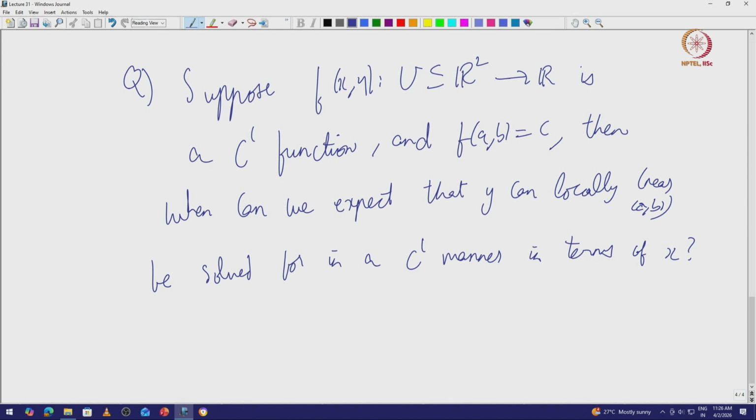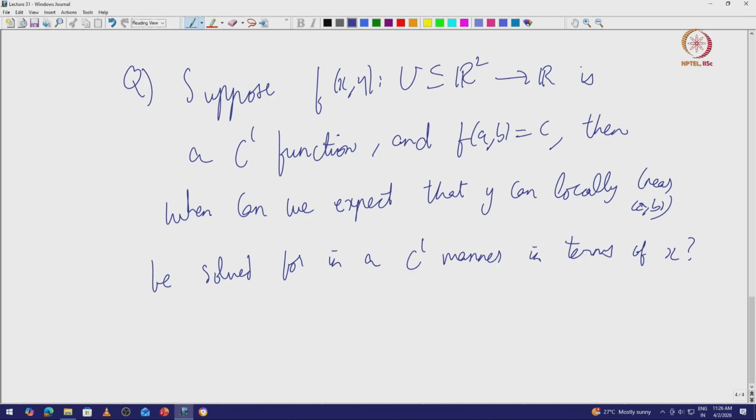So the point is, you want to look at the level set f of x comma y equals c, and you want to solve for y in terms of x, right? So if f of x comma y is x square plus y square and c equals 1, you can solve for y in terms of x near many points, not all.